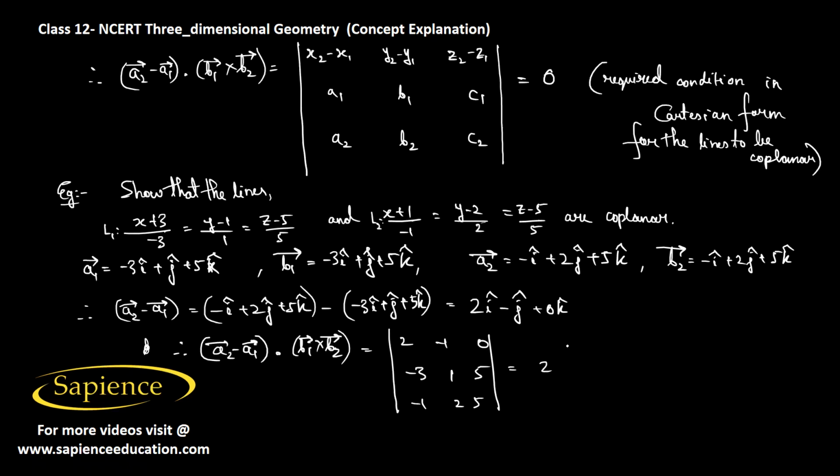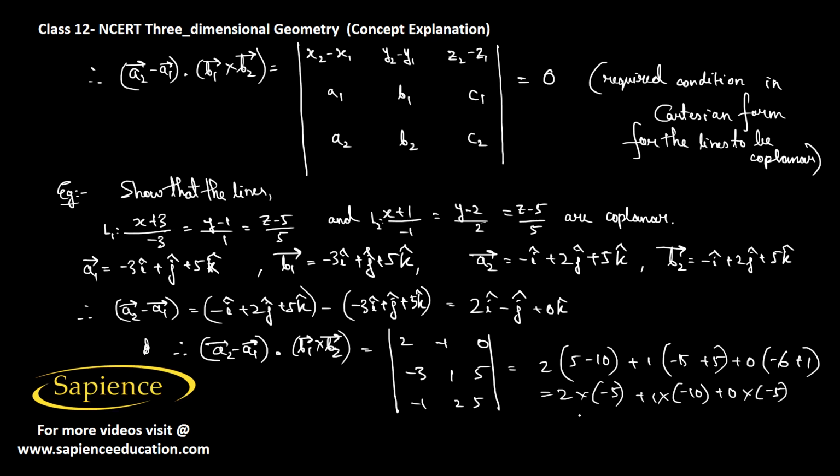So that will be 2 into 5 minus 10, then minus of minus 1, that is plus 1 into minus 15 plus 5, plus 0 into something, that will be 0 only. So this will be 2 into minus 5, plus 1 into minus 10, plus 0 into minus 5.